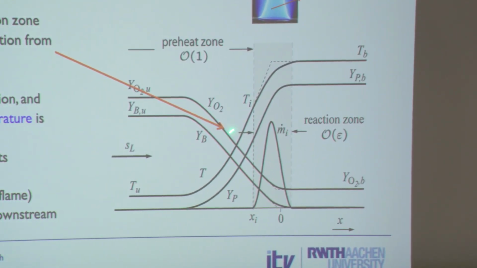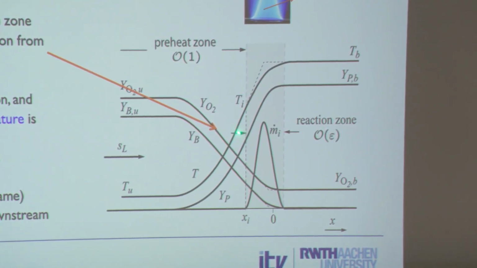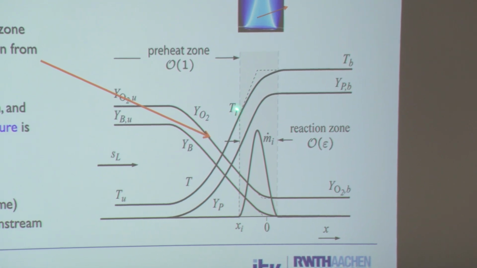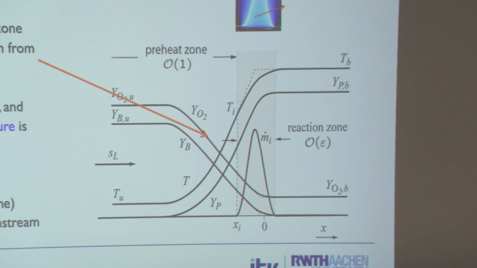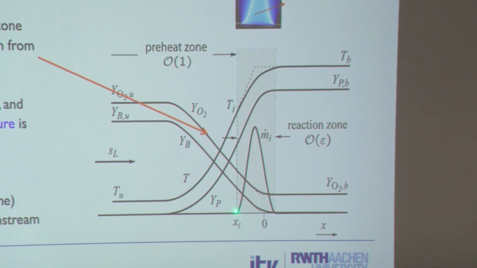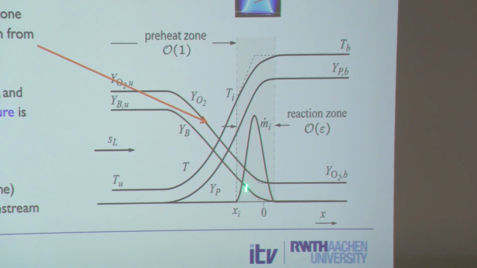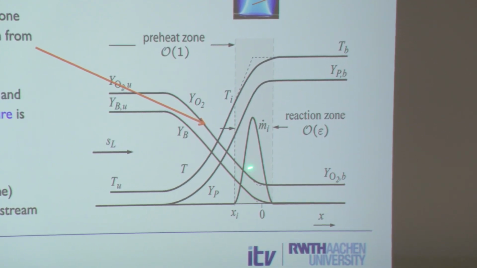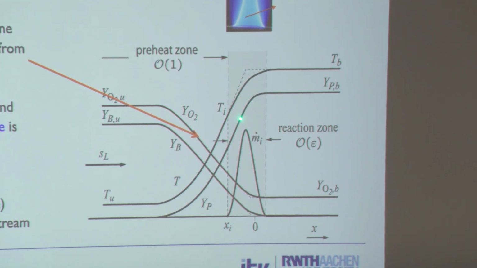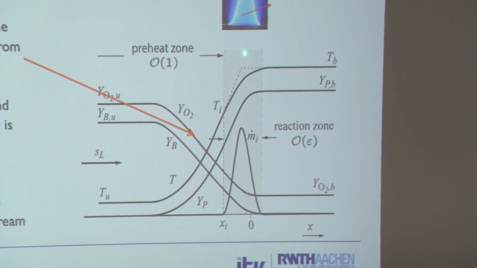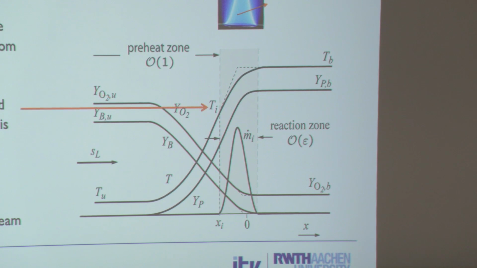This is all just diffusion. You preheat the flow, and then all of a sudden you reach a temperature here. We call this the ignition temperature, and we'll see later on what this really means. That's when the reactions start. This here's the reaction rate, and then fuel and oxygen are consumed. There's a transition here to burn temperature, and that's it.